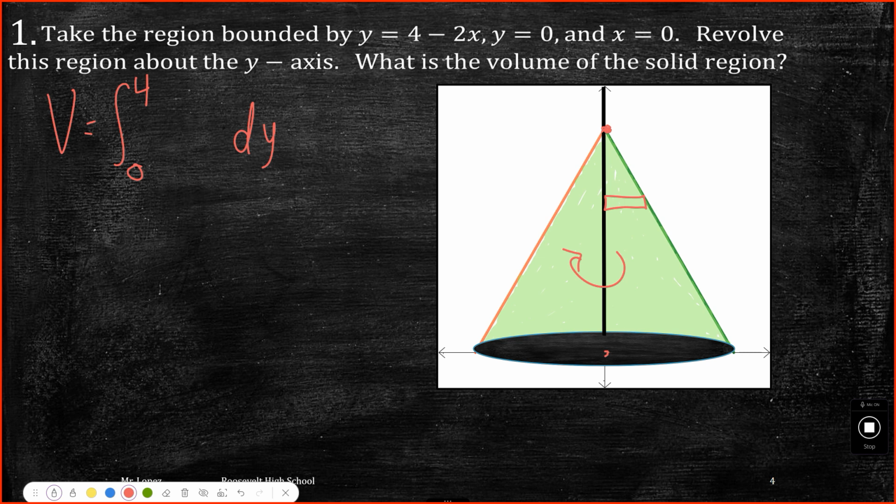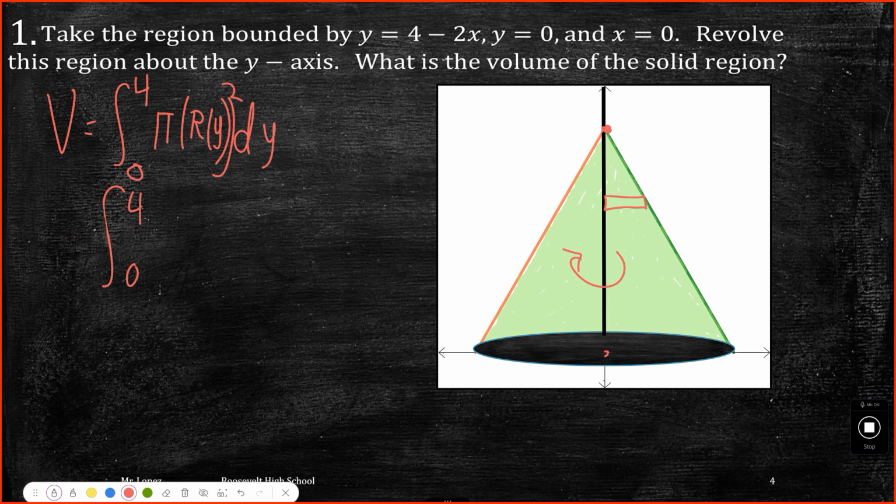So then we do pi, and the formula says pi, the radius, but it's going to be r of y, not r of x, squared. So the volume will equal the integral from 0 to 4.